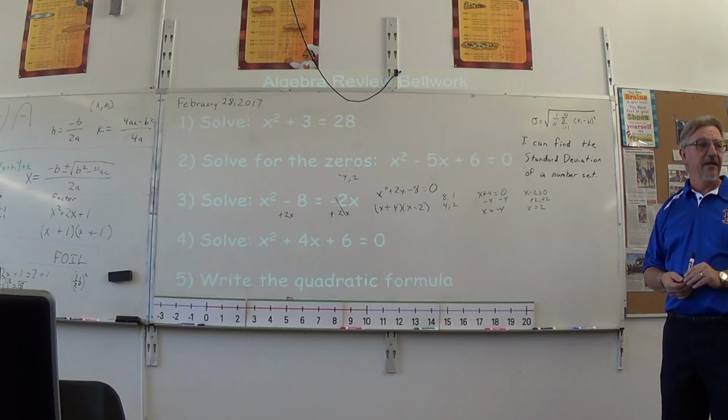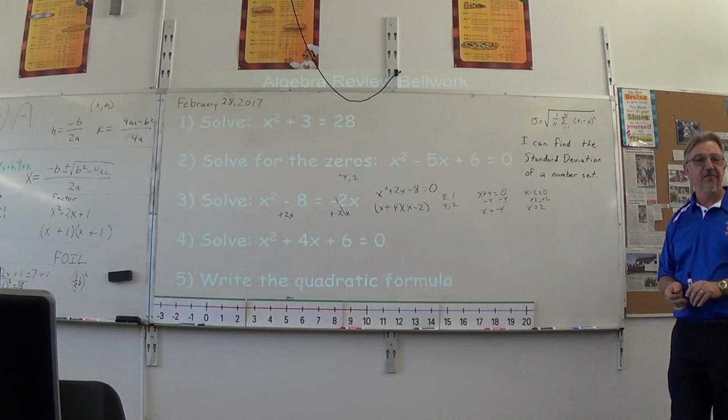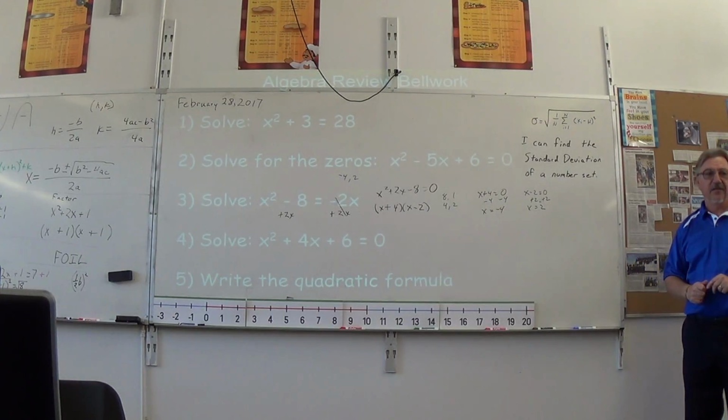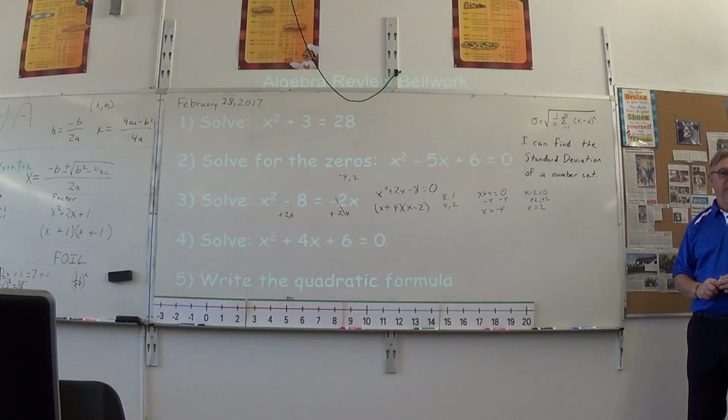You guys get this one worked out? Because we can't just factor this. So if we can't just factor it, then what do we have to use? We have to use the quadratic formula.